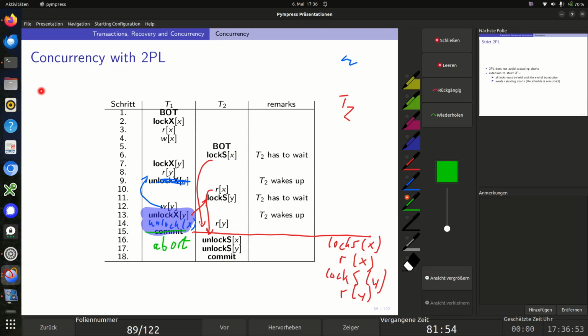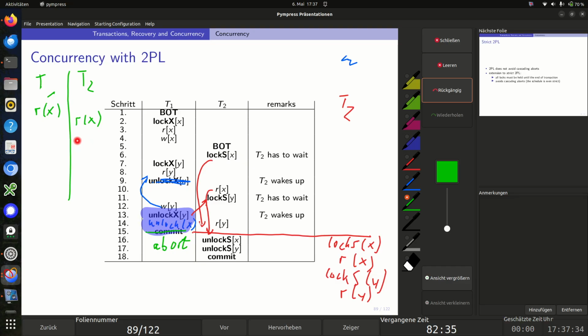So if we would have, for example, two transactions, and if they are reading x, now what else could happen? Just thinking of a non-strict schedule which adheres to strict 2PL. So, can we have a write somewhere?